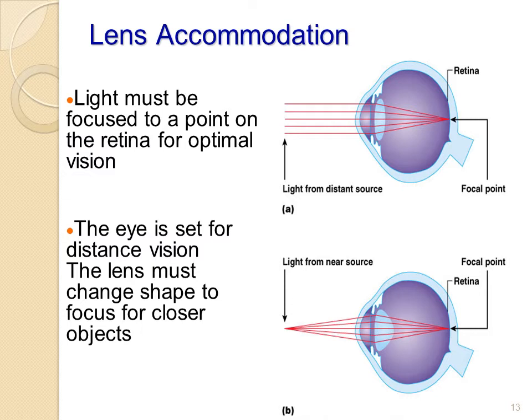You can see the difference between cases A and B. In case A, the light must be focused on the point for optimal vision, while in case B, light comes from a near source, so the lens changes shape to focus on a closer object.